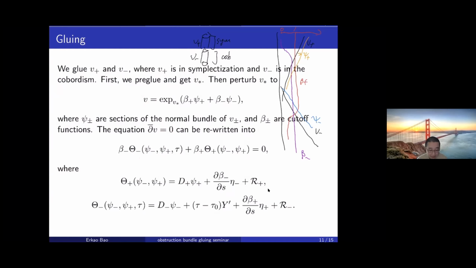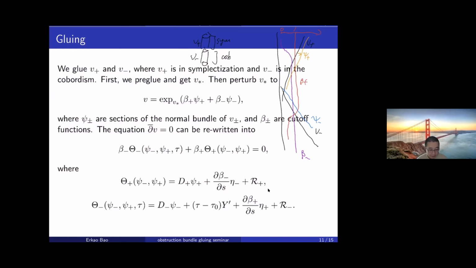So theta plus is this equation, the linearized d bar. D plus is the linearized d bar of V plus, and then plus psi plus, the contribution of eta minus, which comes from this piece, because that's a derivative of beta minus, which is only supported around here, plus some junk term.